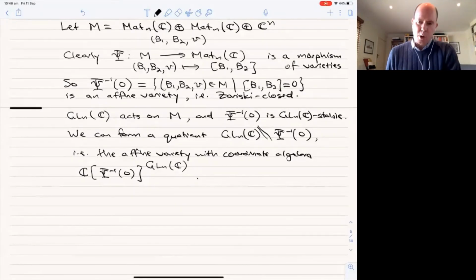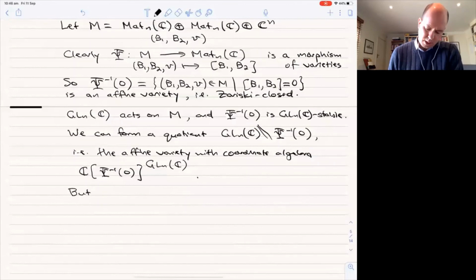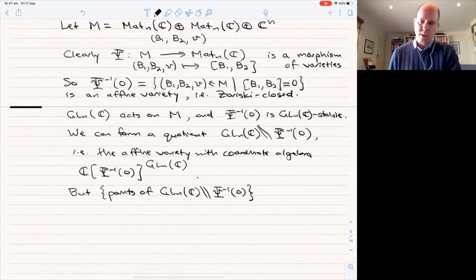But actually, this is not what we want to do, because points of a quotient defined in this sort of way don't correspond to GLN(C) orbits in here.